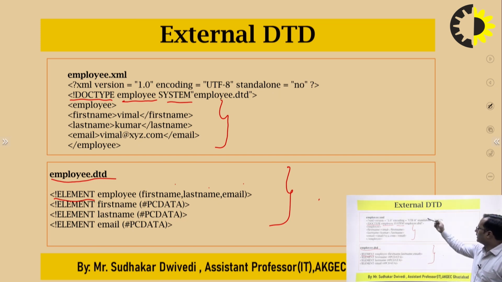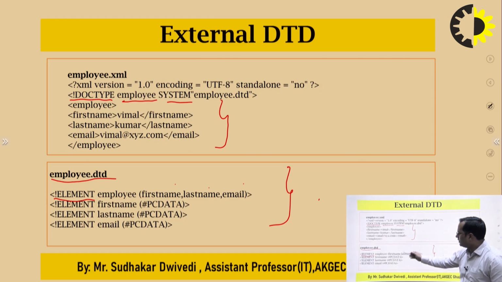In this way, we can create an external document type definition. Here we are specifying the types of the elements, the number of the elements, and what each element should contain.